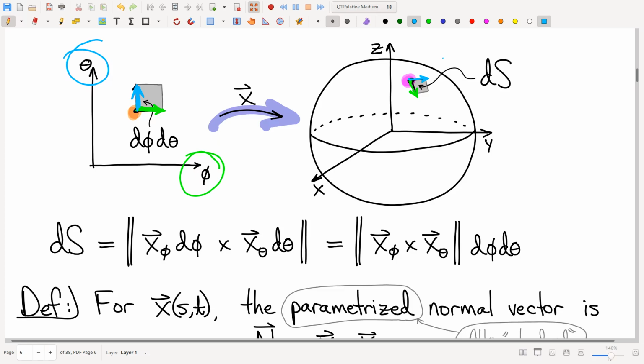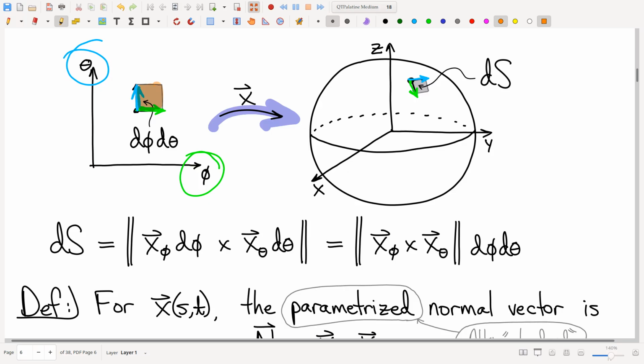Okay. And then I can ask a reasonable question. Let me get rid of that. I could ask, if I have some little piece of area in the parameter space, d phi d theta represents the area of that little rectangular region there.